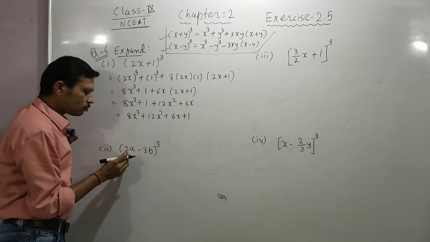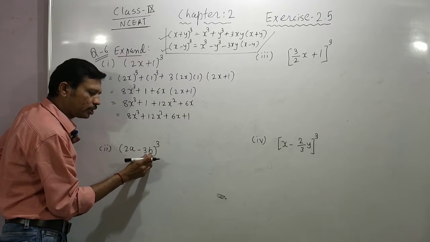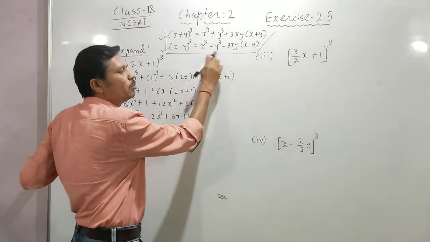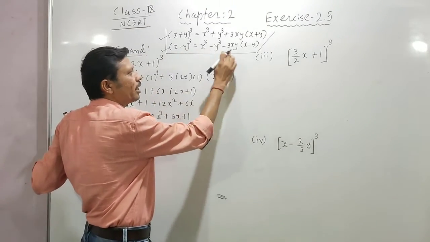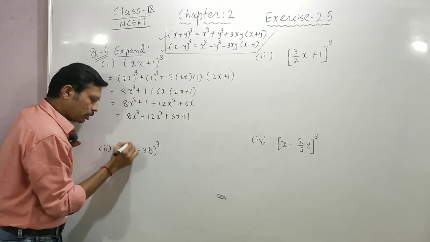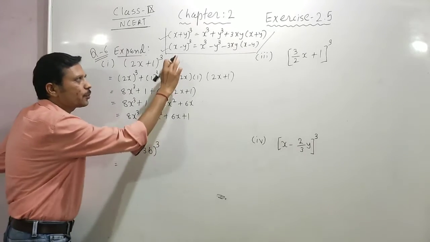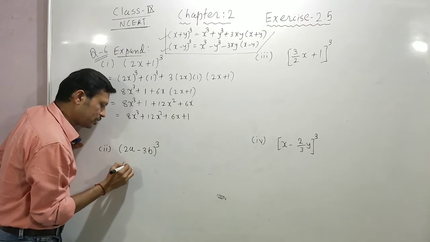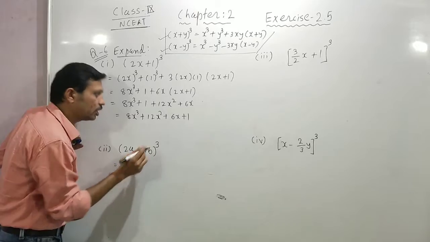Now here, the first term is 2a and the second term is 3b, with minus between the two terms. So the second identity will be applicable here, where only the minus sign will be there in the identity. So here 2a I will consider as x as per my identity and 3b I will consider as y. Simple. So first I will make the cube of both the terms individually.